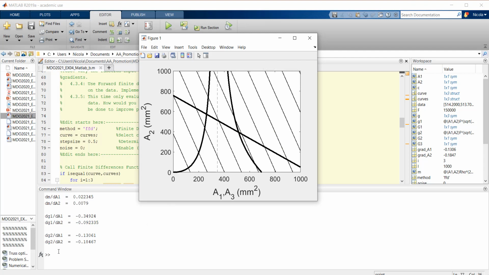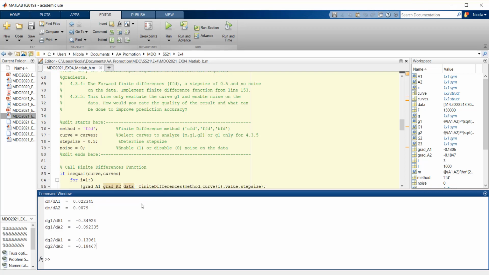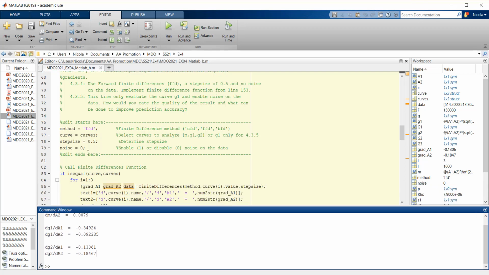The values we got from the approximate gradient are given here, and if we compare them with our analytical values, we see that they are pretty close. It's not exactly the same if you look at the later digits, but it's not that bad. You can also play around with different step sizes and different methods to see when the gradients become worse or better.